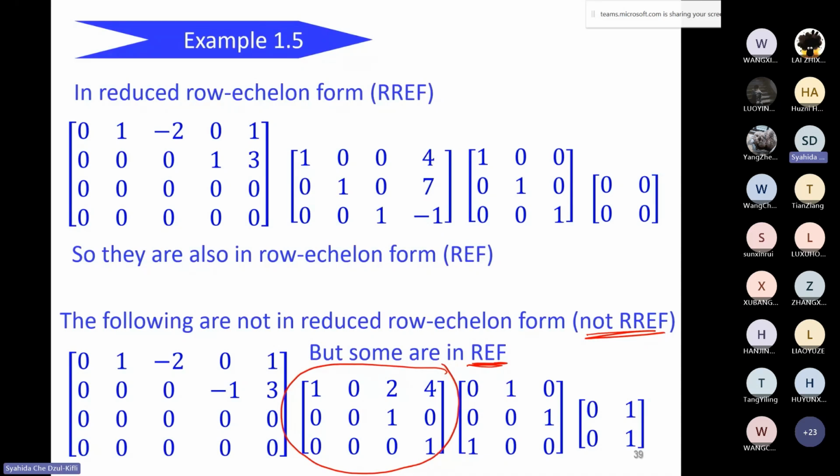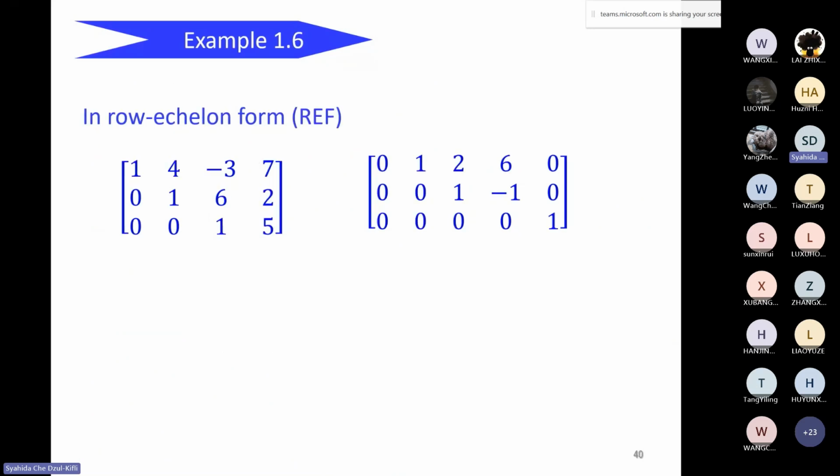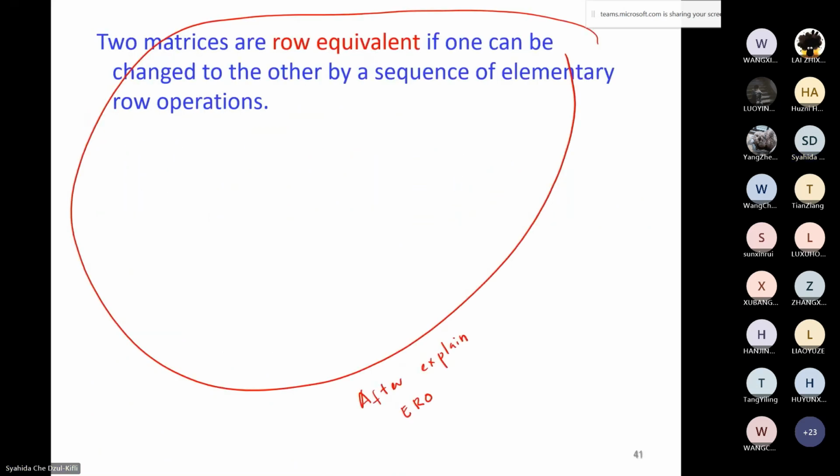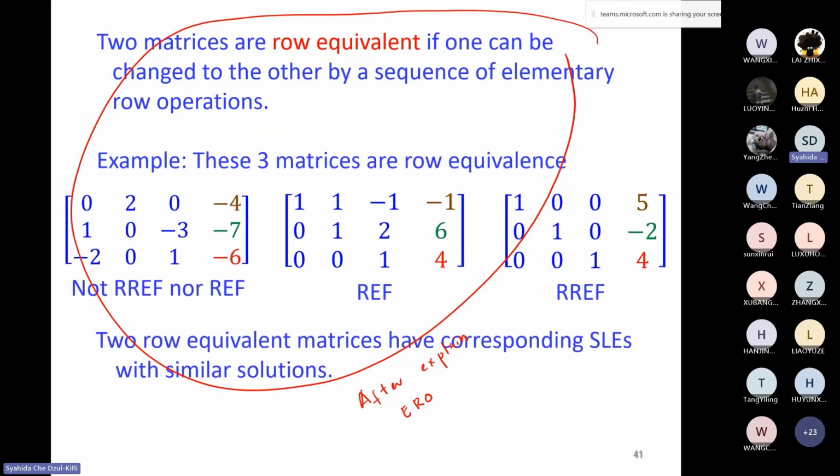So it is REF, but not RREF. Okay? These are examples of row echelon form. You may check. This one we'll discuss after explaining elementary row operations.